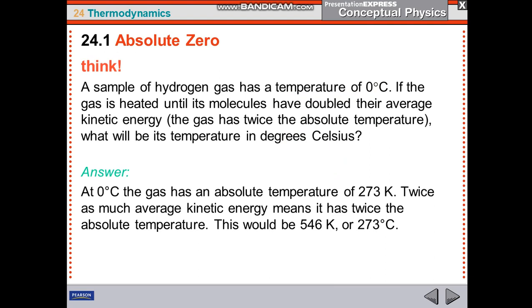Okay, the answer is, at 0 degrees Celsius the gas has an absolute temperature of 273 Kelvin. Twice as much average kinetic energy means it has twice the absolute temperature. This would be 546 Kelvin or 273 degrees Celsius.